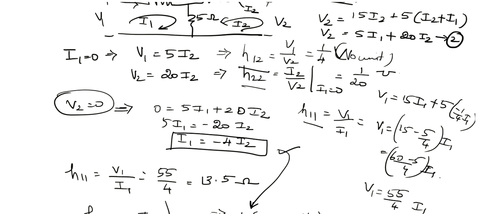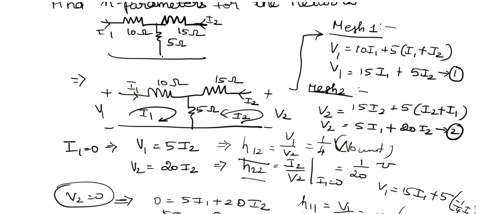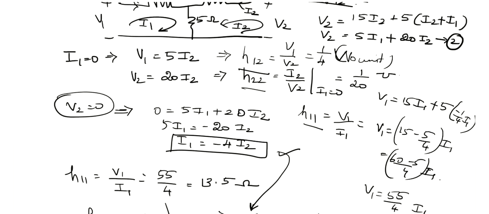H21, now you can get the last answer. H21 will be equal to minus 1 by 4 and H22 will be equal to 1 by 20. So you can get all those answers. Clear?